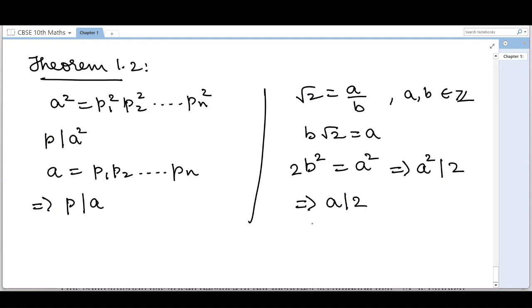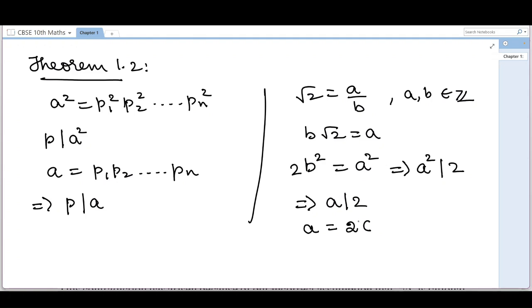According to the division algorithm, we can rewrite this as a equal to 2 times a quotient, say c. So a can be written as 2c.